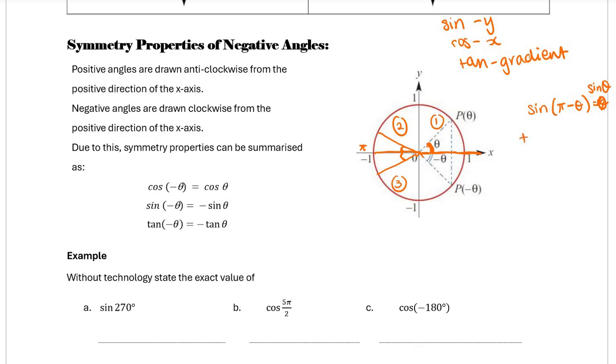So that means tan of pi plus theta is equal to tan of theta because it's still positive, all right? And then if let's say I was to start at 0 or 2 pi and go backwards, I'd end up with cosine of 2 pi minus theta is equal to the positive cosine of theta, okay?